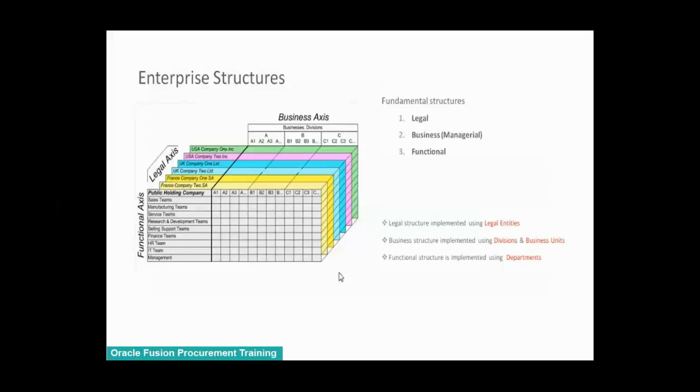But as of now, no one is using all the features provided by Fusion. But slowly, once the consultants are comfortable with them, the consultants will encourage the clients to use the functionalities. Normally, they go to the place where they create the enterprise, and again they go to create ledgers and legal entities from the financial offering, and they create business units from the SCM offering.